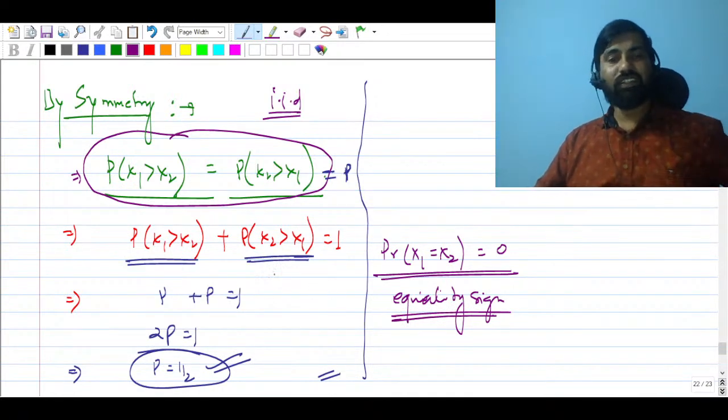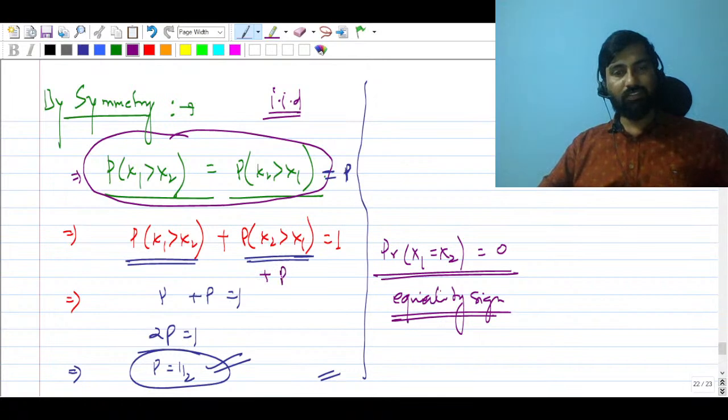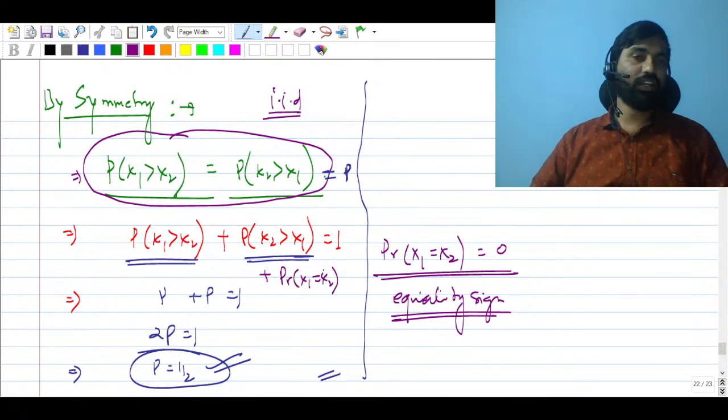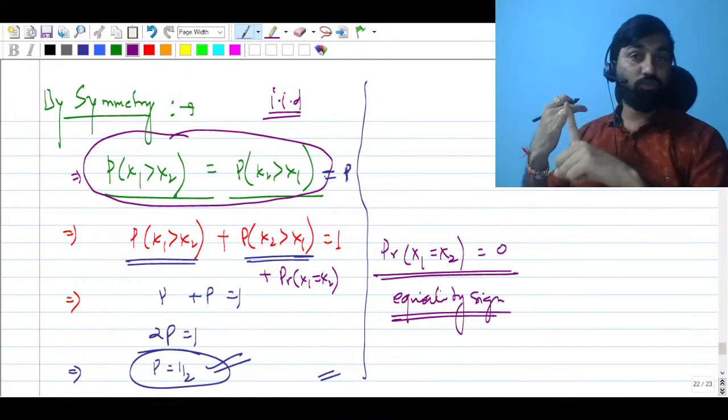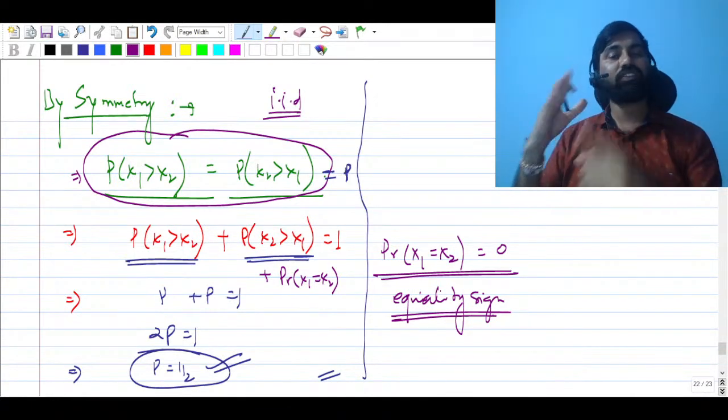So what I have done here is: plus the probability of x1 equal to x2 should be equal to 1, right? For the total probability, from the symmetry we have got that the probability of x1 greater than x2 and the probability of x2 greater than x1 are the same.